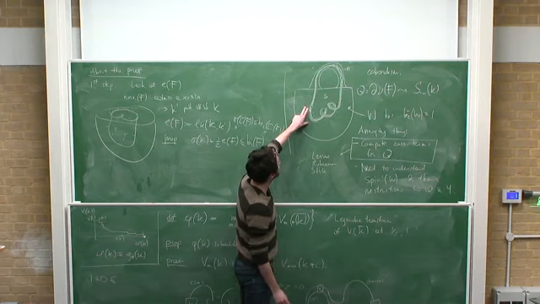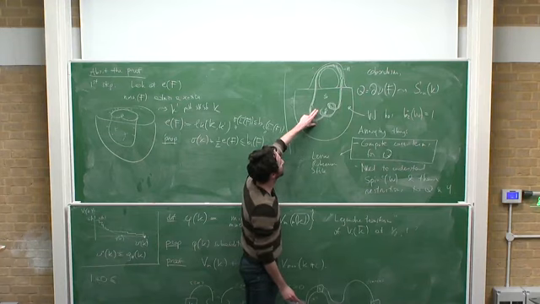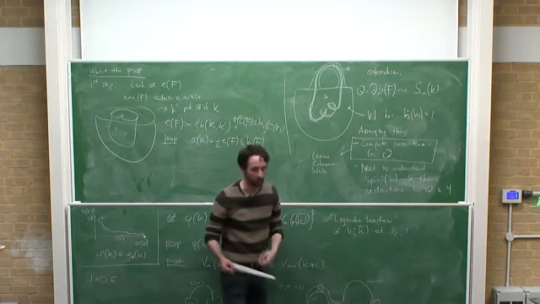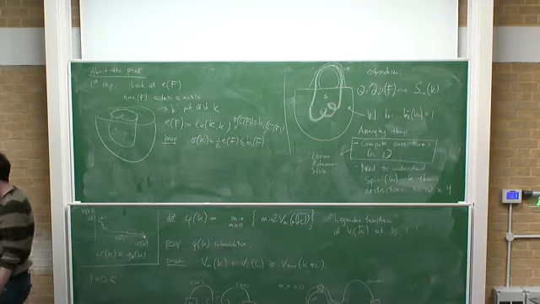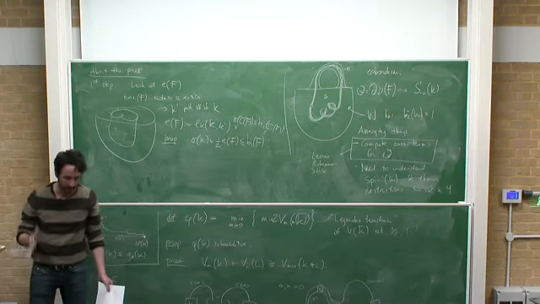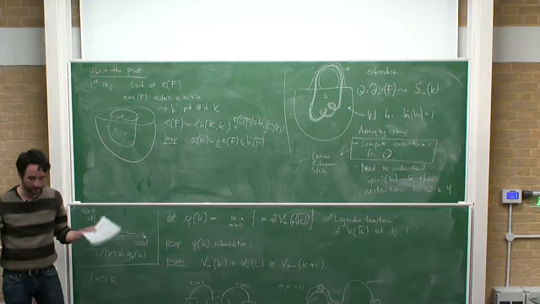And the strange thing is that, okay, maybe not so strange, when you restrict them to the complement of the surface, you don't get all spin-C structures.